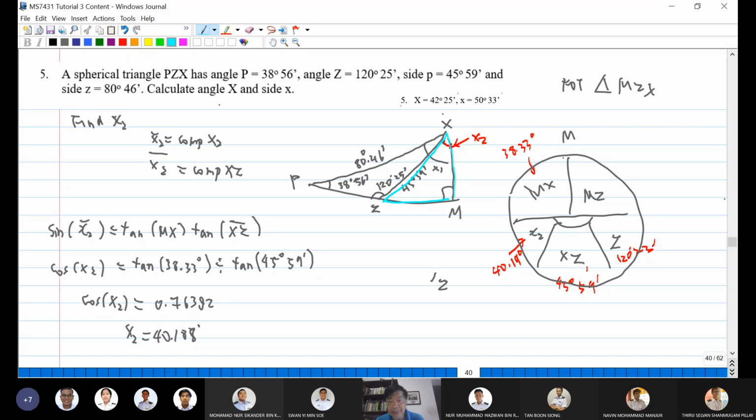Okay, x2 first now. X2 is in the small triangle now. So I find out x2 is 40.19 using the tangent of adjacent. So I know big angle and small angle, x1 and x2 now, so I know the angle x already.